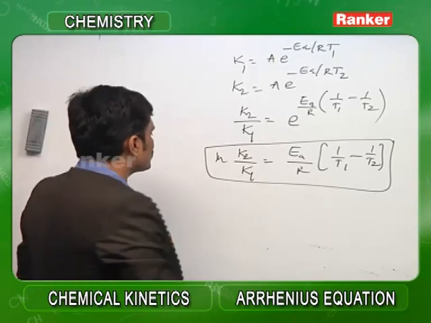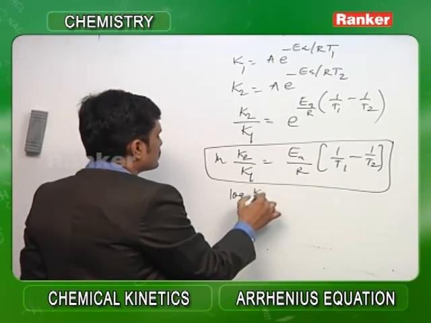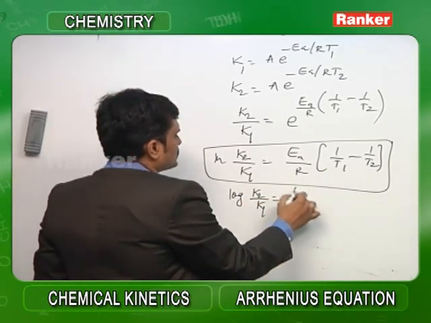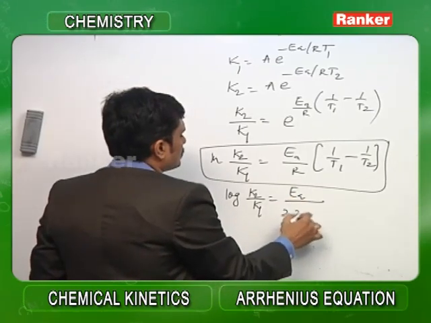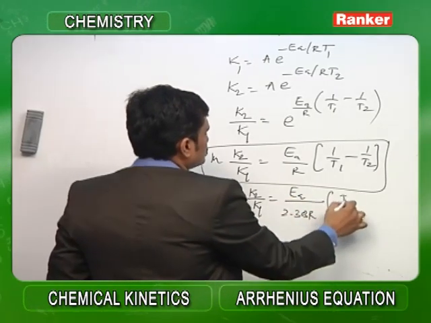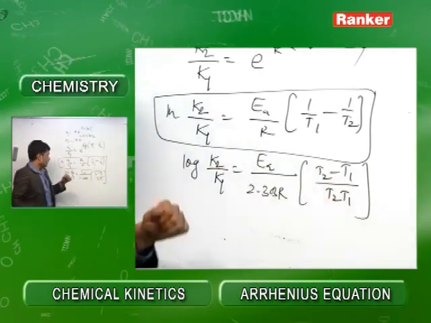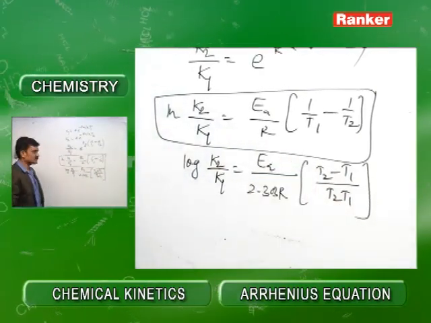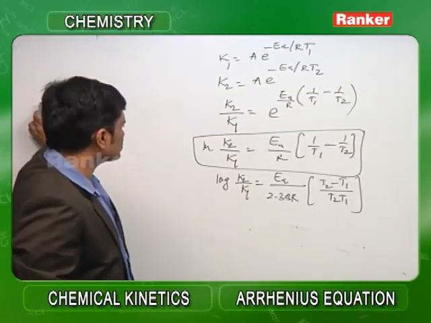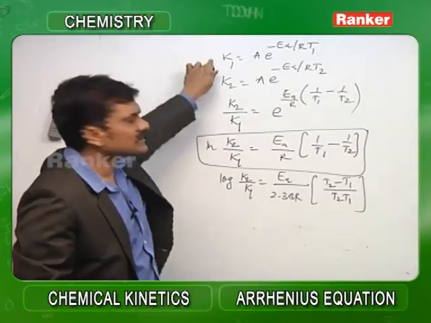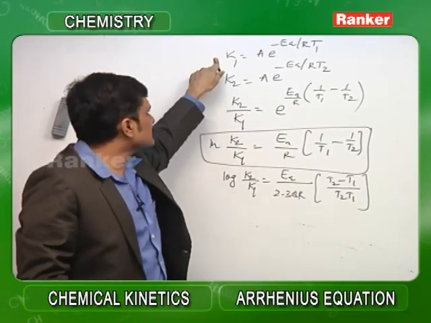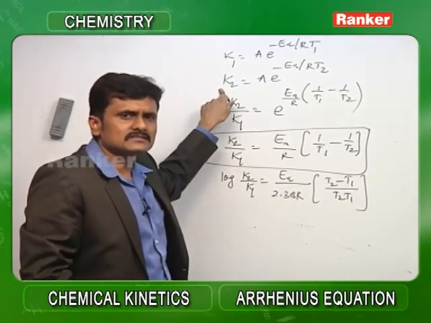Now there are a few important things related to this equation. There are two important things to be discussed. At the first instance, I hope you got it: I have taken at temperature T1 the rate constant to be K1 and at temperature T2 it has changed to K2.